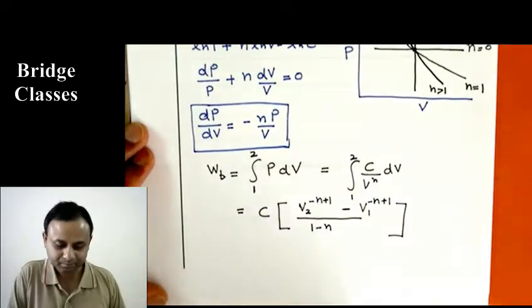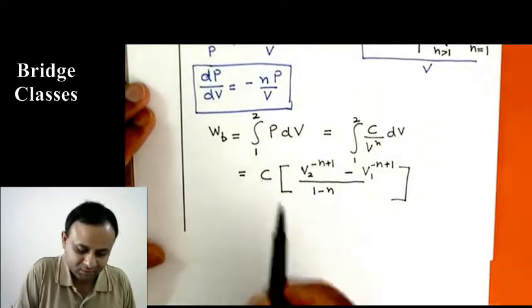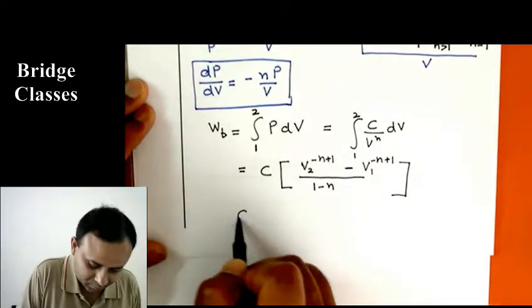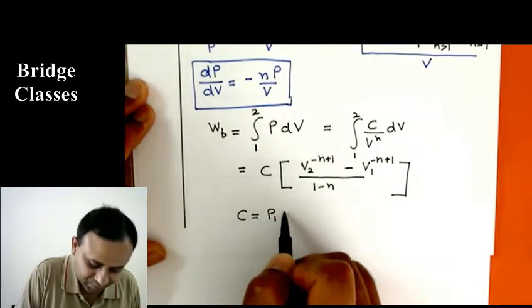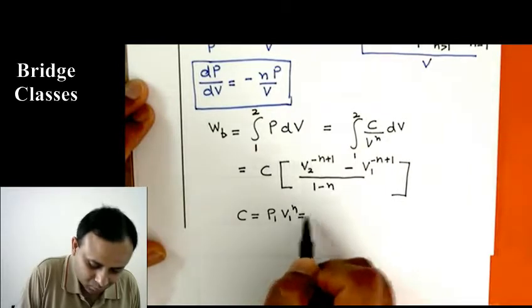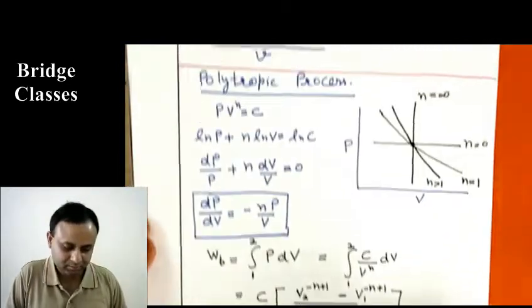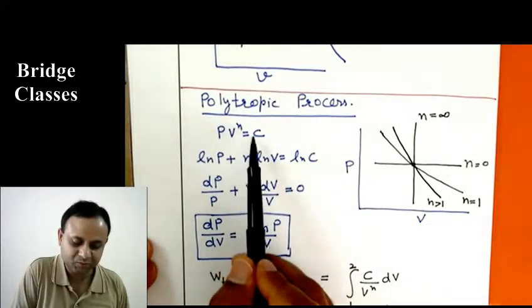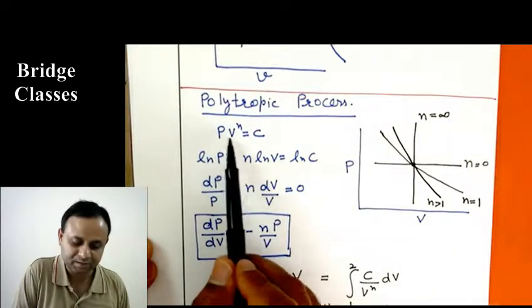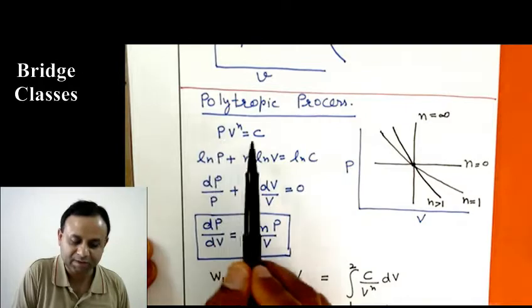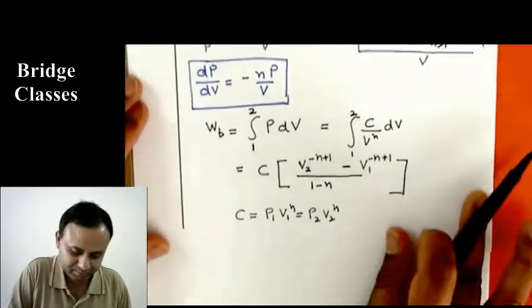Okay. And instead of this C, you can write P1 V1 to the n or P2 V2 to the n, because this C is PV to the n, so you can evaluate this at 1 or at 2. This PV to the n remains constant throughout.